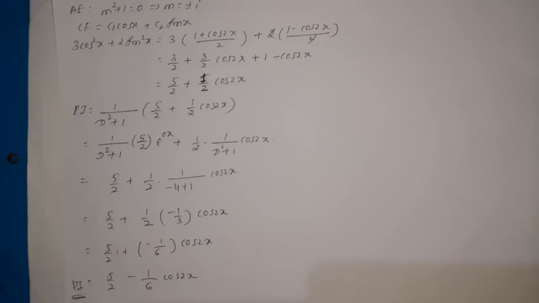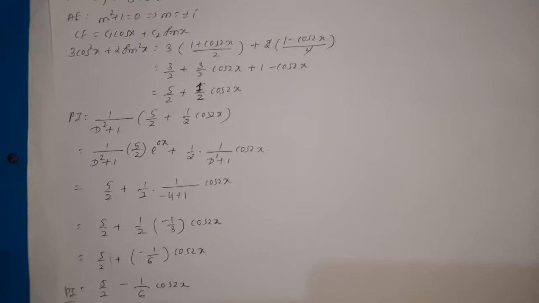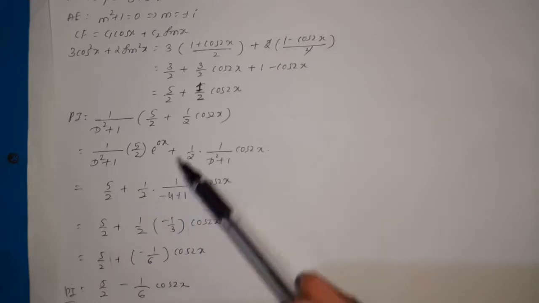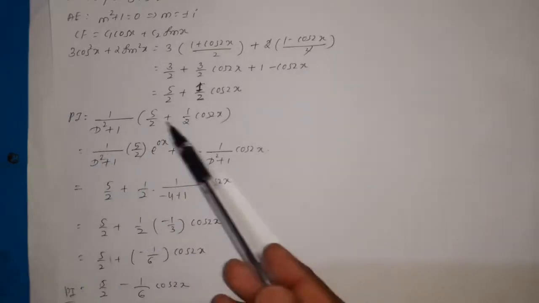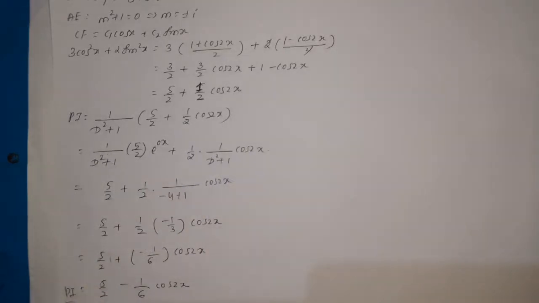So do not forget to remember them, because this procedure is for solving the particular integral of a given function, but to simplify the function on the RHS we need the identities. So please go through those identities, then use them accordingly.